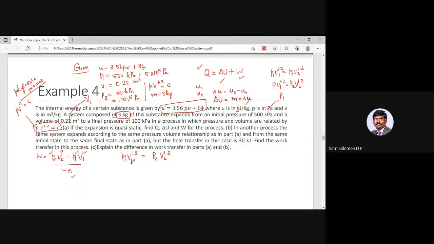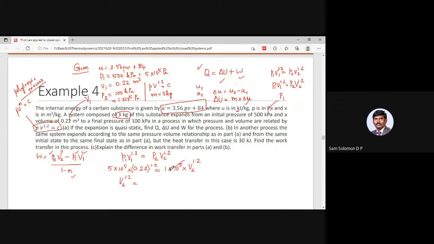Okay. So once you write it like this, for P1, it is 5 into 10 to the power 5, multiplied by 0.22 to the power 1.2, which is equal to P2, here 1 into 10 to the power 5, multiplied by V2 to the power 1.2.